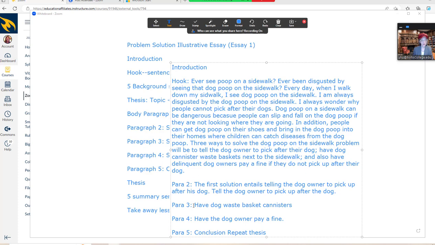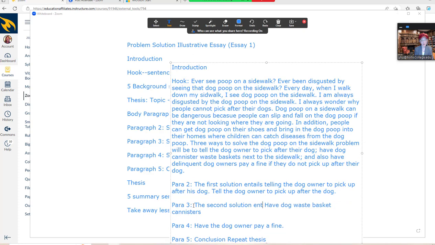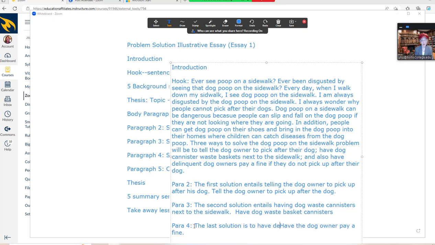The second solution, having dog waste canisters next to the sidewalk. And then third, is to have delinquent dog owners pay a fine.